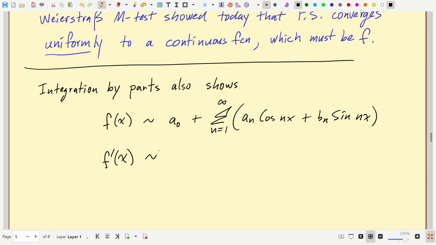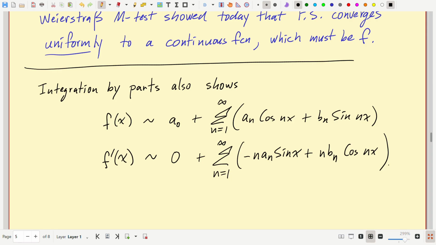So there'd be no constant term here. And here you'd have the sum as n goes from 1 to infinity. Let's see, the derivative of cosine nx would be minus n a_n sine nx. And then here you'd have plus n b_n cosine nx.